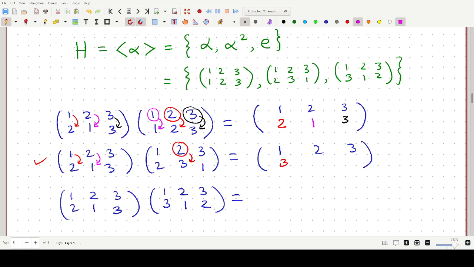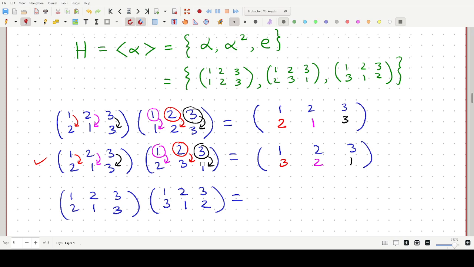In the second permutation 1 goes to 2. So 2 would remain at the second position. Finally, if we look at the third position, which remains in the third position in the element T, in the element from H, 3 goes to 1. So ultimately 3 should go to 1.